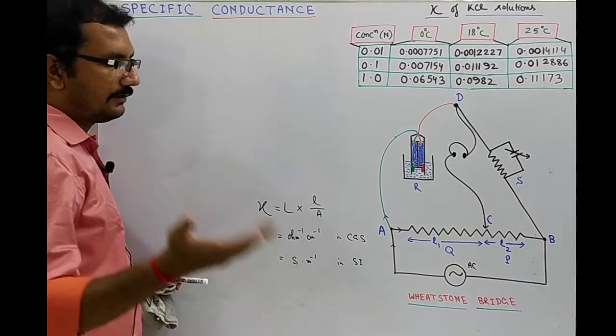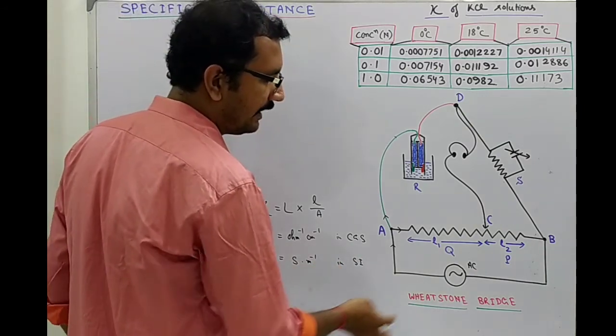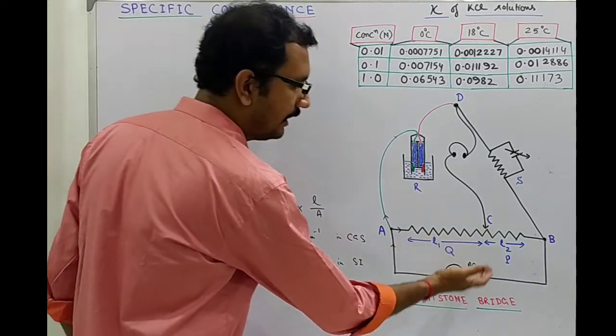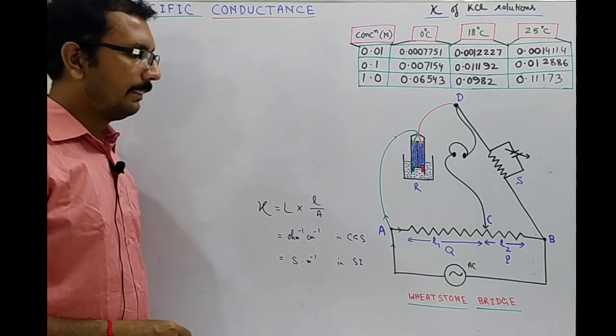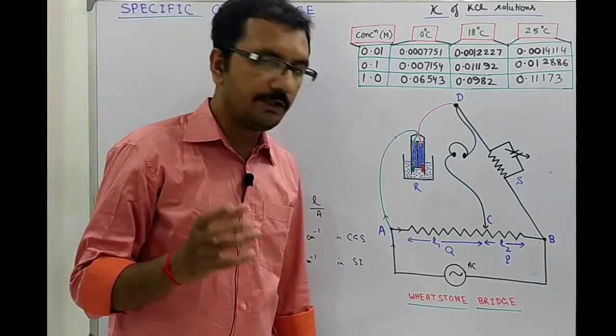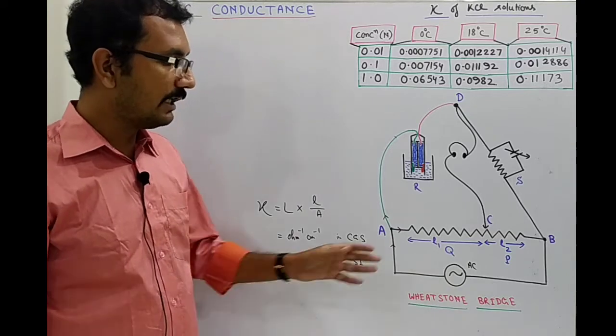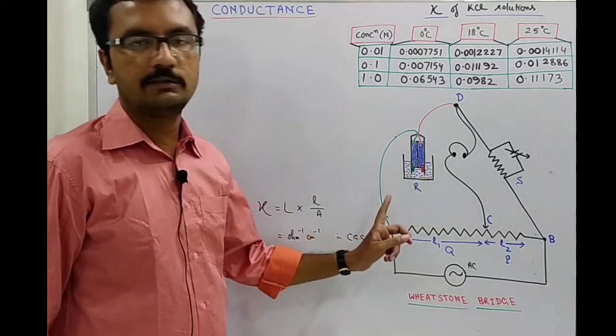Now, if someone asks you why you are using AC here, why you are using alternating current, what would have happened if you use direct current? If you use direct current, electrolysis will start.